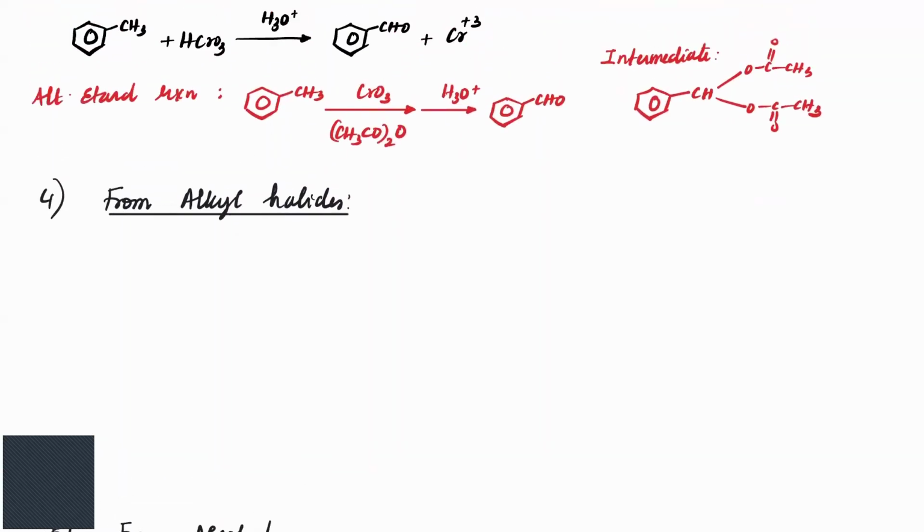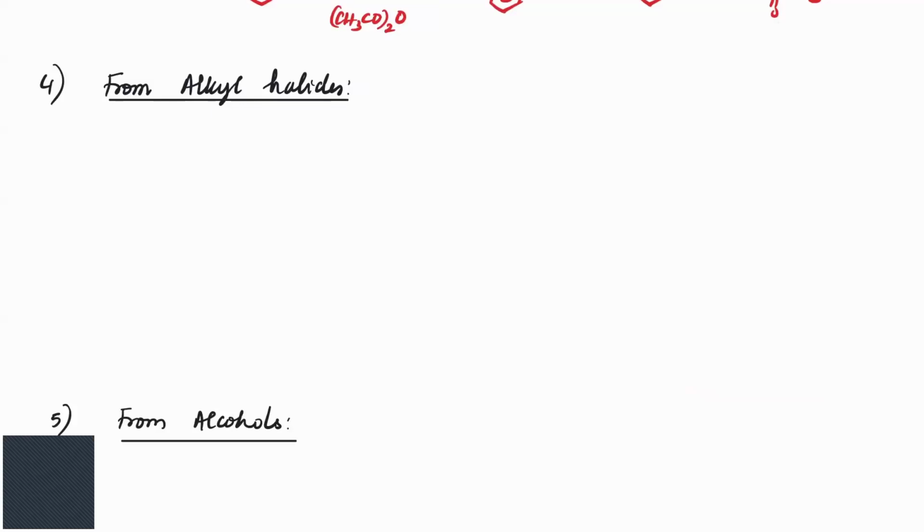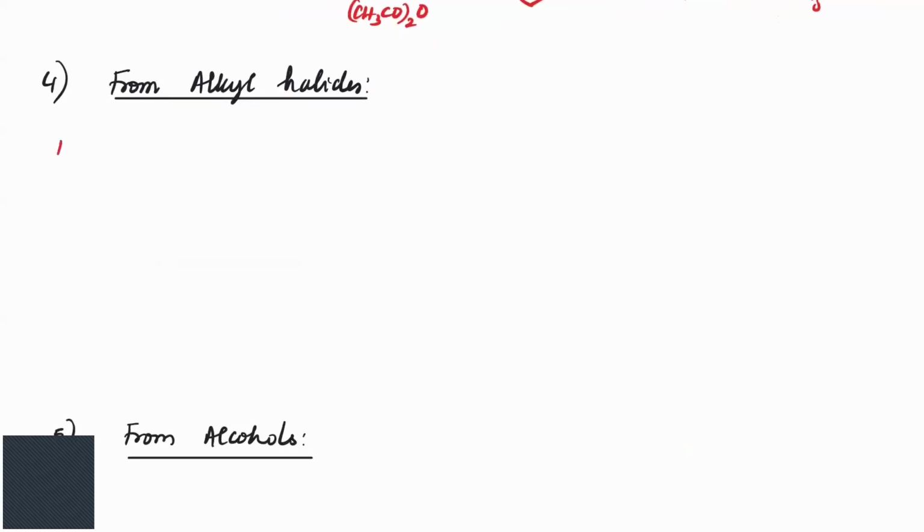How do we get aldehydes or ketones using alkyl halides? If you have R CH2Cl and you react it with DMSO, that will give you R CH double bond O. What is DMSO?